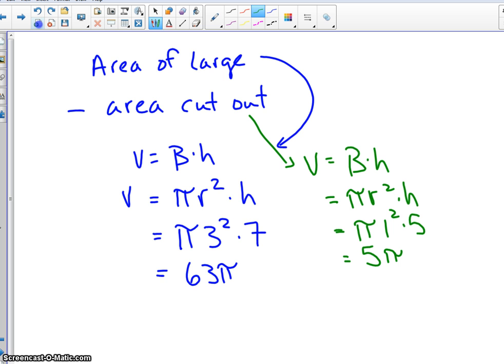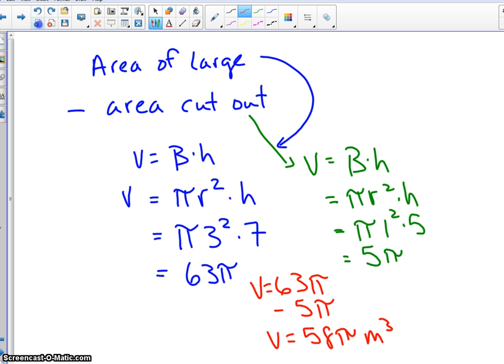Just as we said we would do in the beginning, we're going to take the large one minus the smaller, so we take 63 pi and then subtract off 5 pi. So the volume is just 58 pi. And that should be meters cubed. I left off that unit in this. I should have had meters cubed here as well. But that would be how you could do number 18.